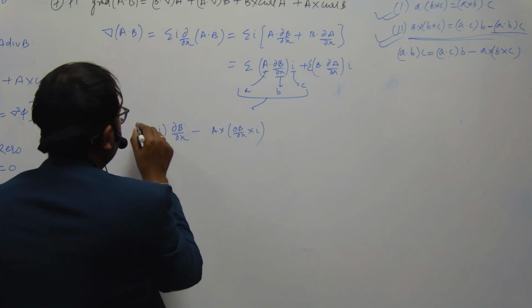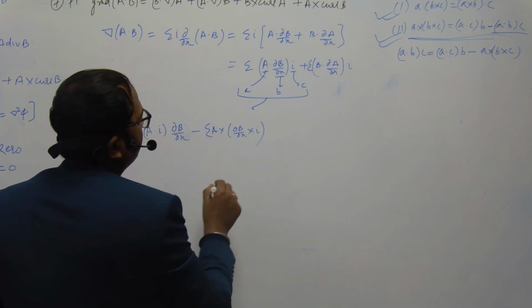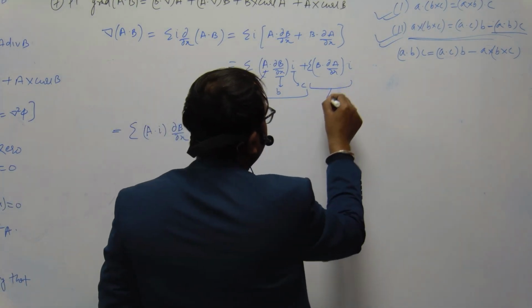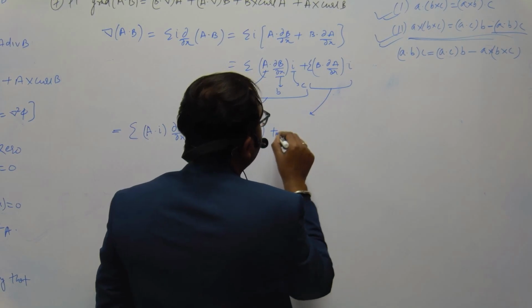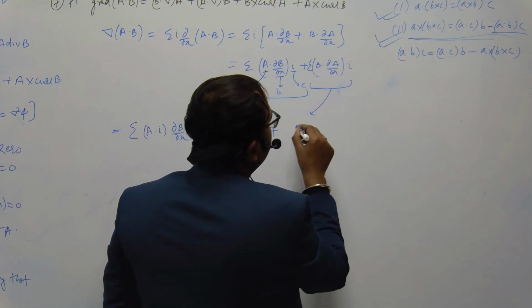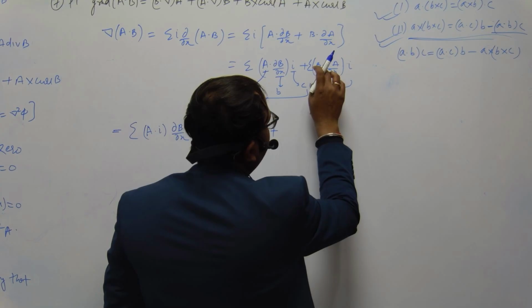Okay, so this is summation. Similarly, let us represent this part. So from here we have this as plus B dot, first term and last term.